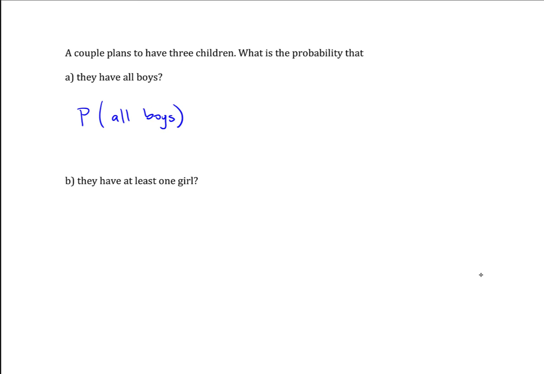Let's just assume the probability of having a boy is 50%, and the probability of having a girl is also 50%. So we'll keep it simple like that.